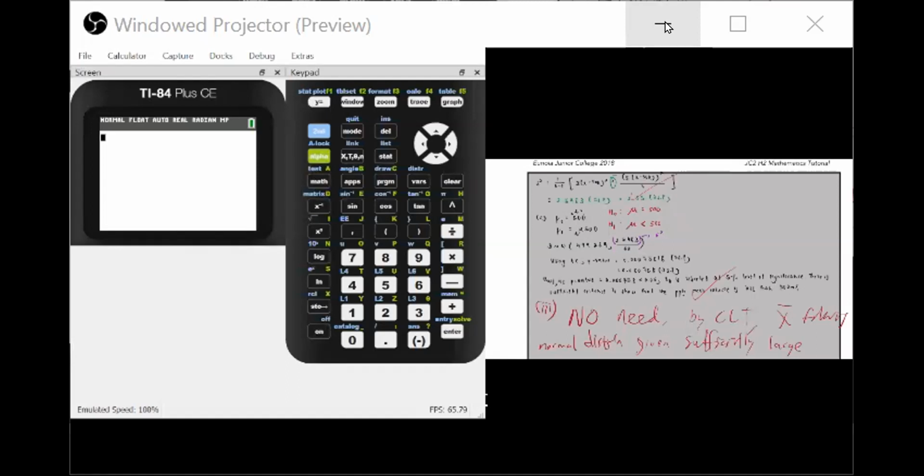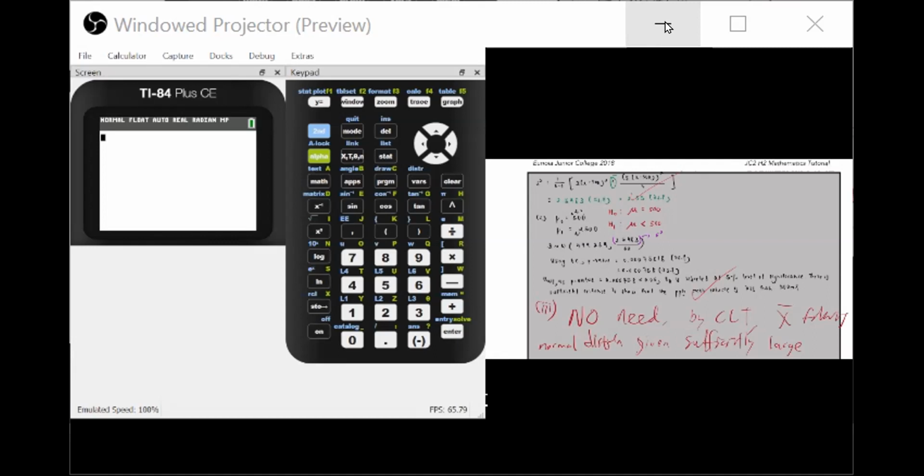Let me see my notes. I don't want to make a mistake. Your mu naught should follow the mean that you are testing, which in this case happens to be 500.